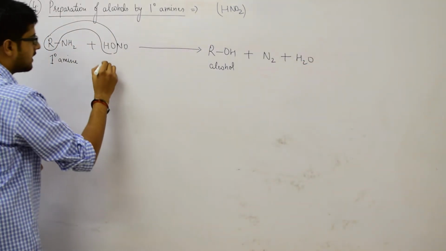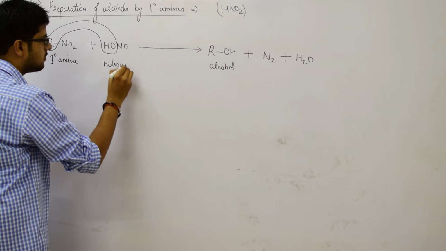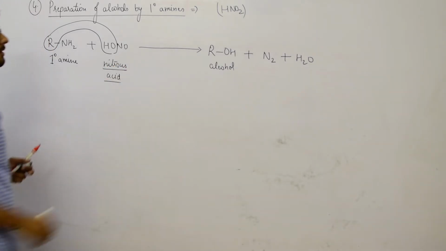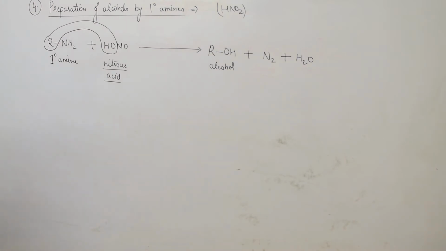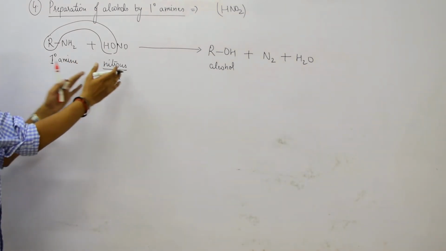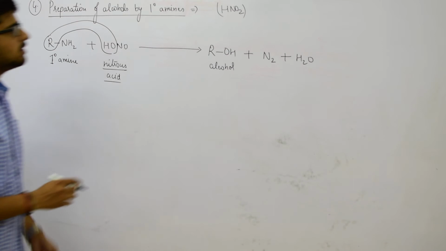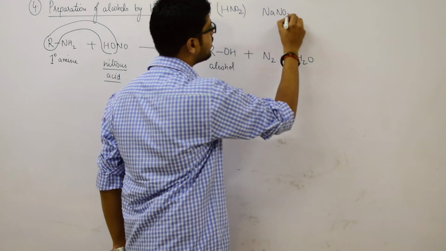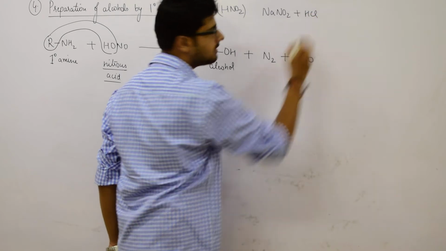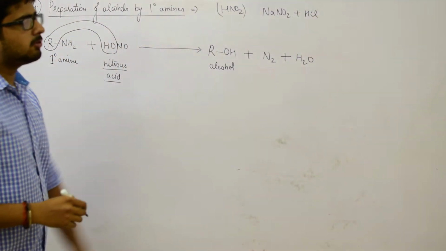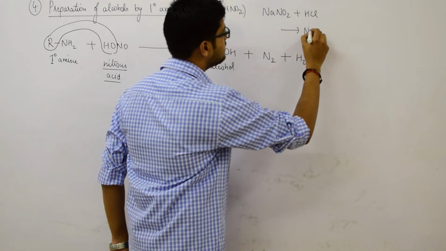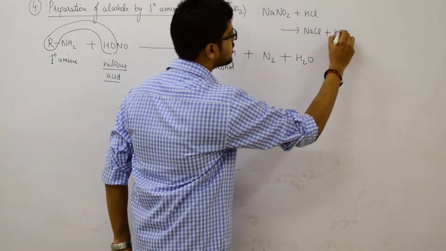This is our nitrous acid, HNO2, and nitrous acid is obtained when we treat NaNO2 with HCl. When we are treating NaNO2 with HCl, the products are NaCl and HNO2.